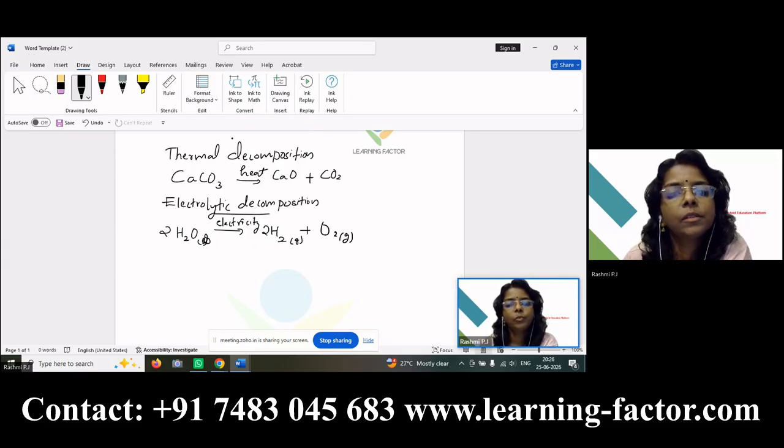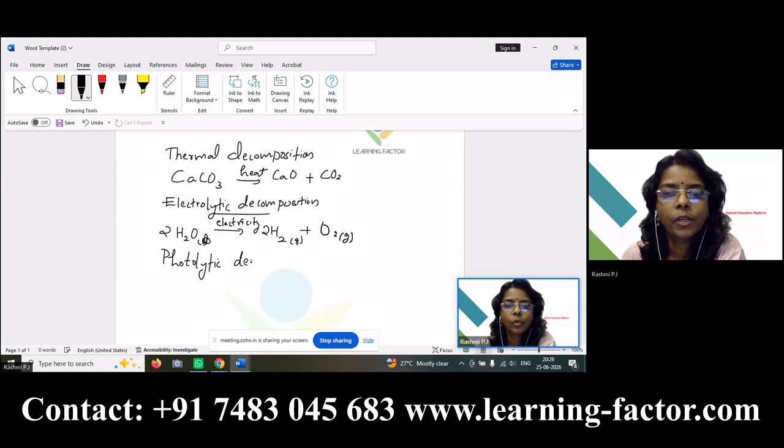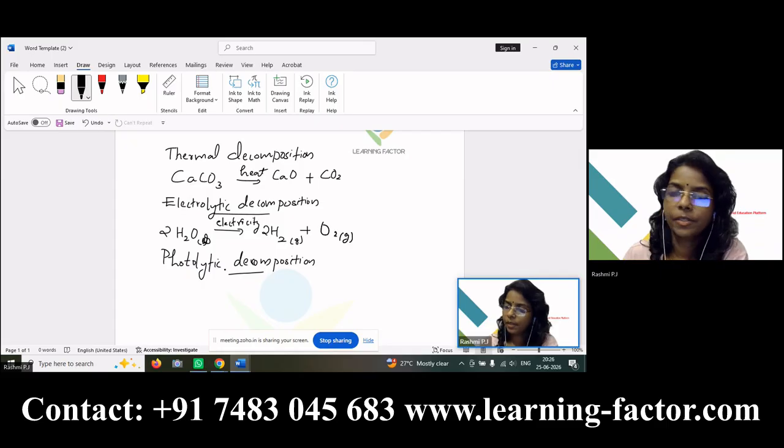Moving to the third type of decomposition reaction, photolytic decomposition. Photolytic decomposition reaction takes place in the presence of sunlight. That is, white silver chloride turns gray in sunlight.